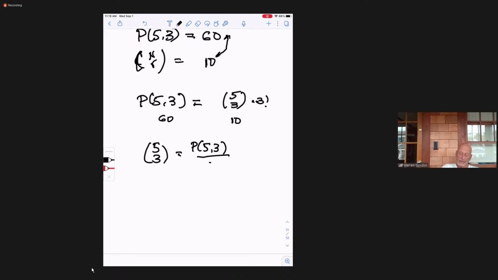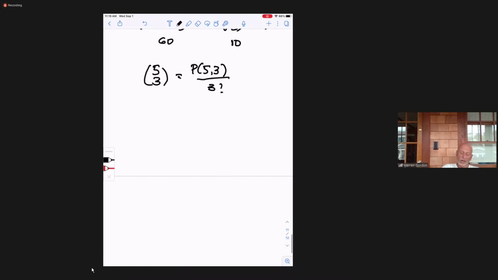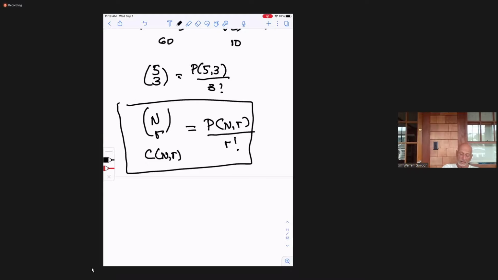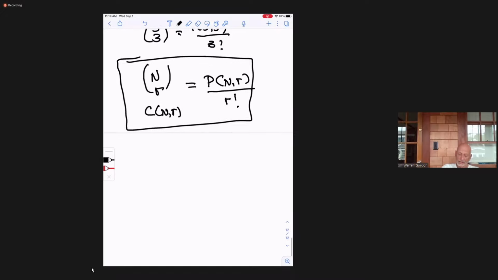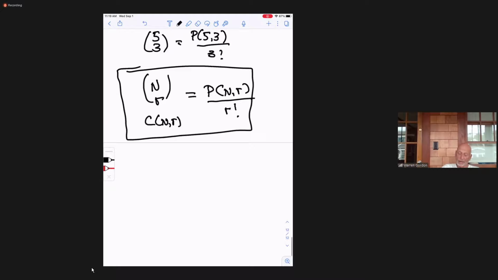divided by 3 factorial, or more generally, n choose r, or if you like the symbol C(n,r), is equal to P(n,r) divided by r factorial. Now, remember what P(n,r) was?